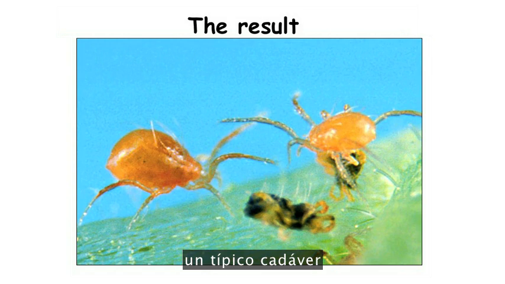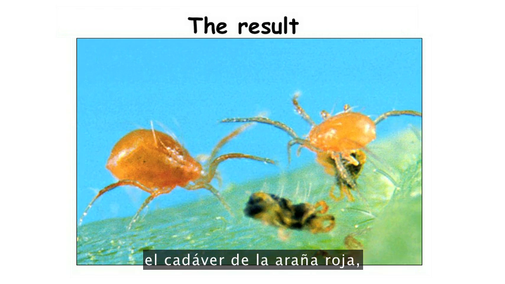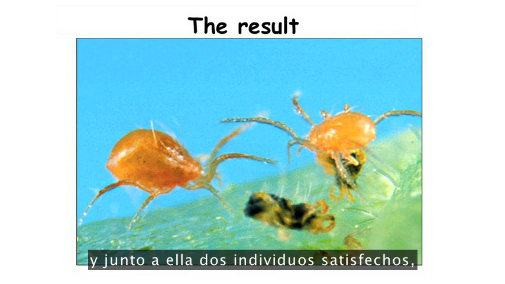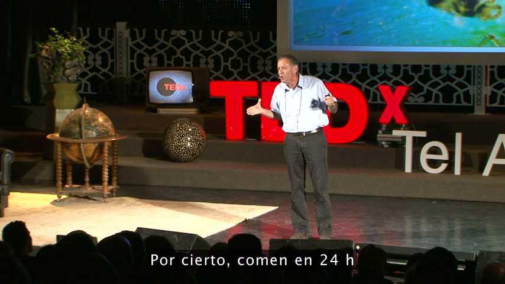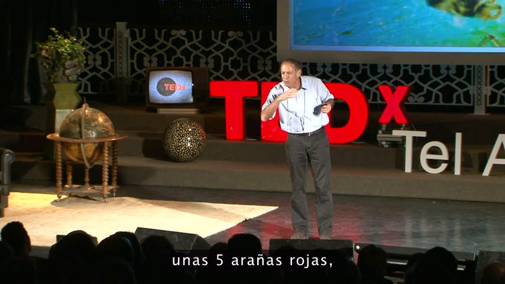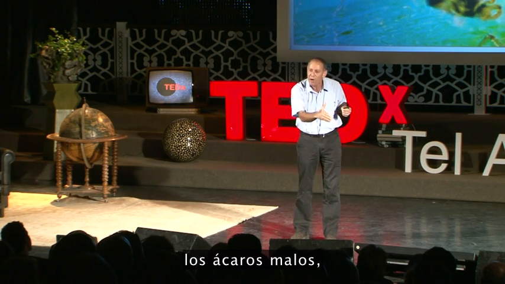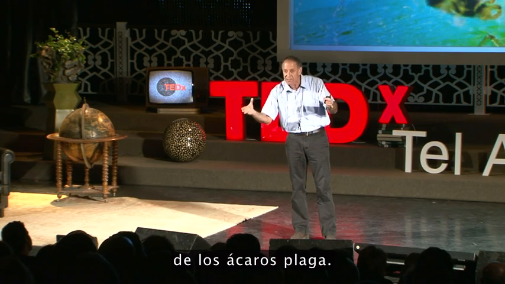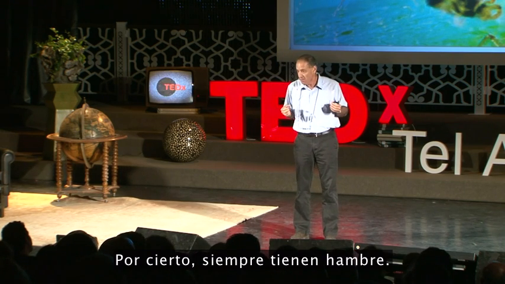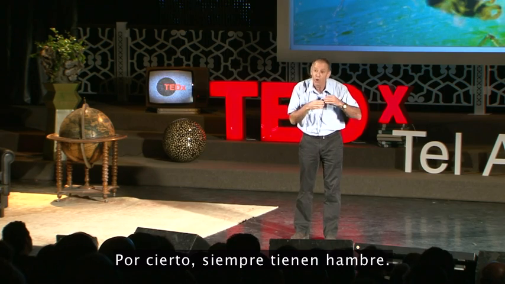Just a typical dead corpse, shriveled, sucked-out dead corpse of the spider mite, and next to it, 2 satiated individuals of predatory mites, a mother on the left-hand side, a young nymph on the right-hand side. By the way, a meal for them for 24 hours is about 5 individuals of the spider mites, of the bad mites, or 15 to 20 eggs of the pest mites. By the way, they are hungry, always.